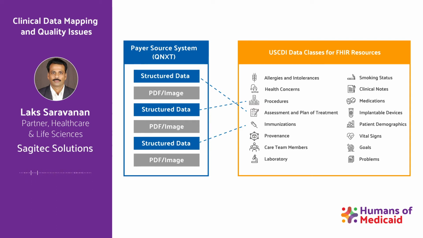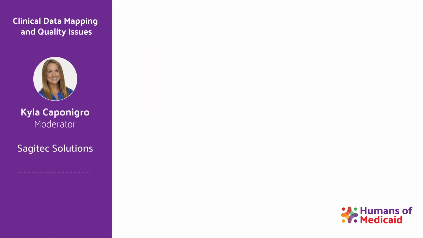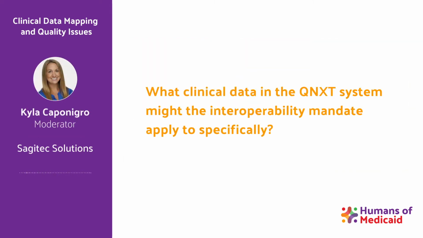So the scope primarily is going to focus on payers who have clinical data in a structured format, which would need to be scoped first. Subsequently, if the clinical data is available in a PDF or an image file, then these could be considered out of scope for this mandate. Thanks for clarifying that distinction.